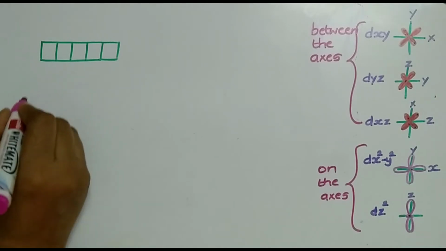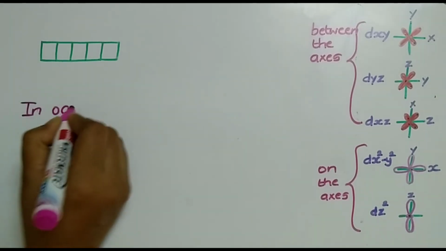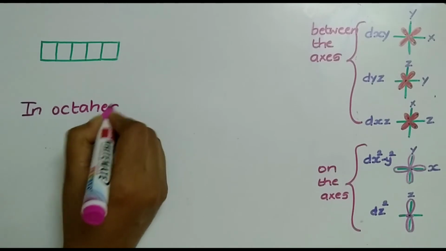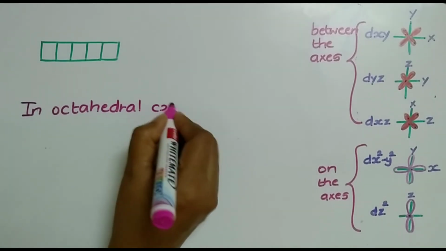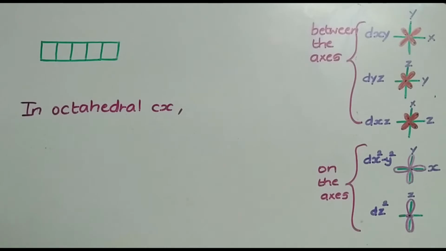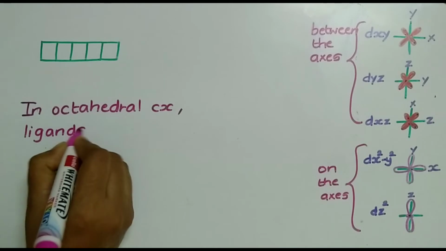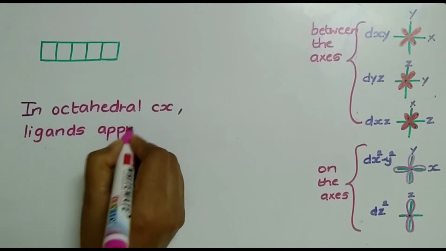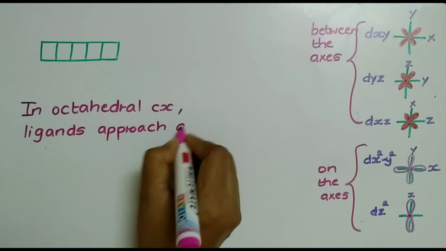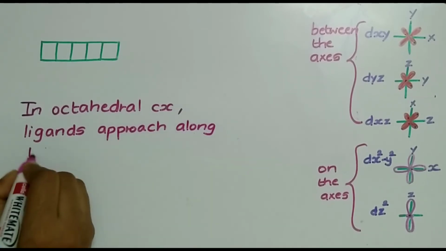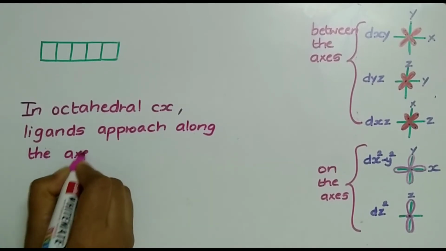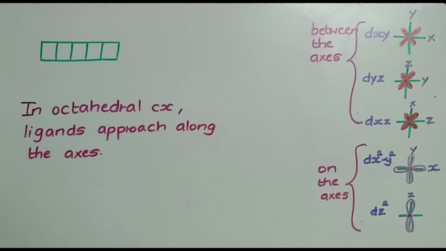In an octahedral complex, the ligands approach along the axis, that means they are coming through the axis, correct. Look here now, dx square minus y square is on the axis, dz square is also on the axis.